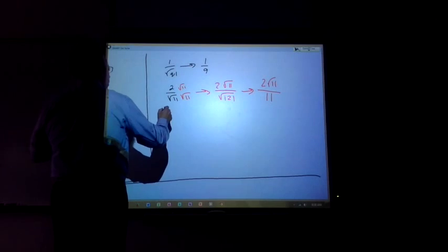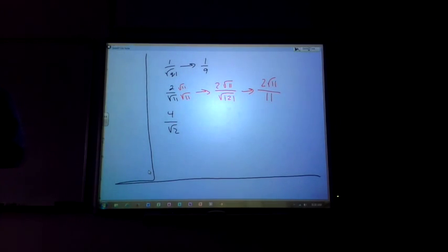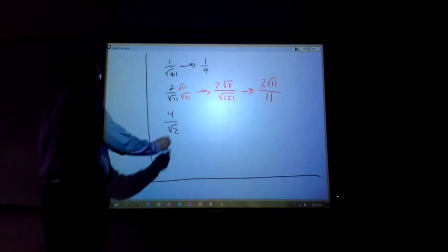Number 9, I get 4 over root 2. Is root 2 a perfect square? No, so what do I multiply top and bottom by? Root 2, root 2.